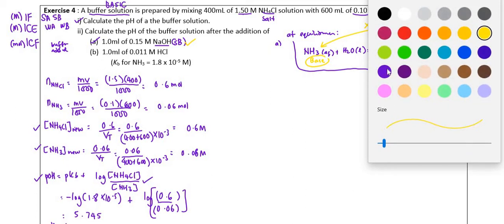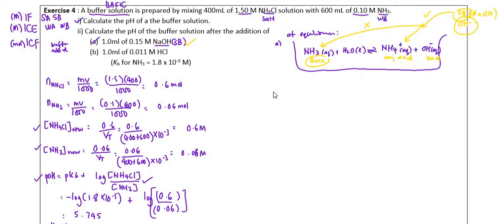So this is the equation that we need: when OH minus is added, this OH minus comes from NaOH. It will choose NH4+ and react with NH4+ to produce... If this is a base, it will accept a proton to become H2O. This will be the proton acceptor, and this will be the proton donor.